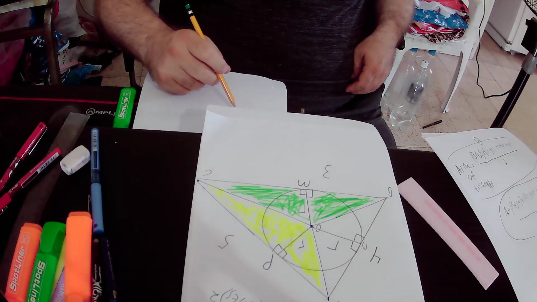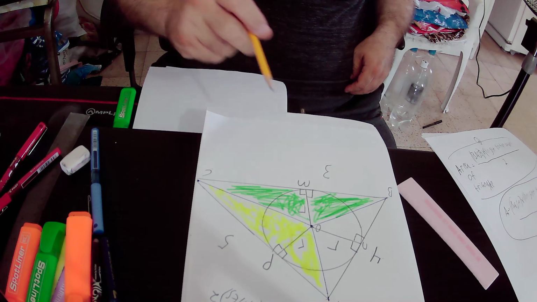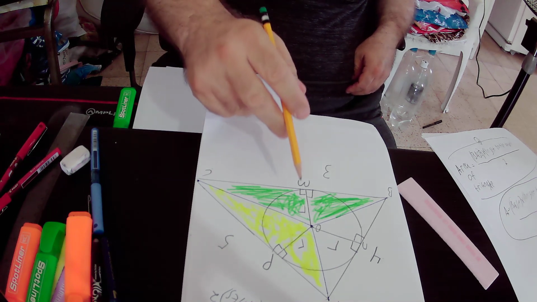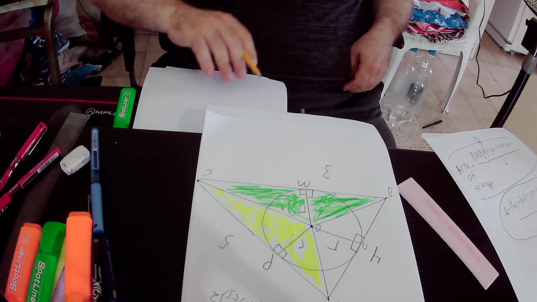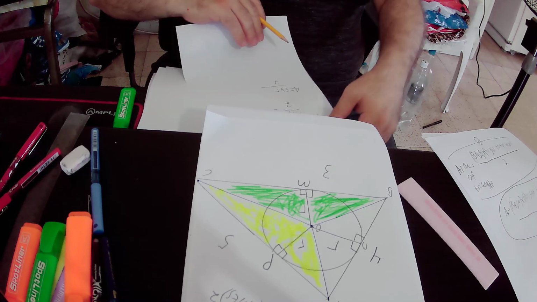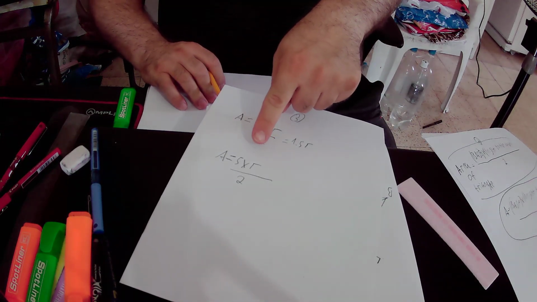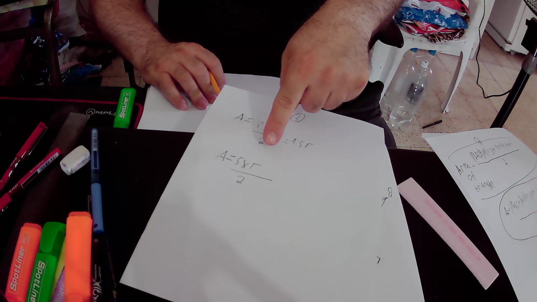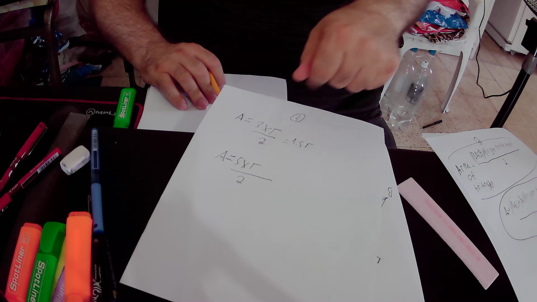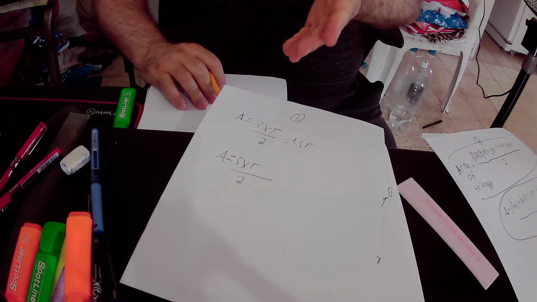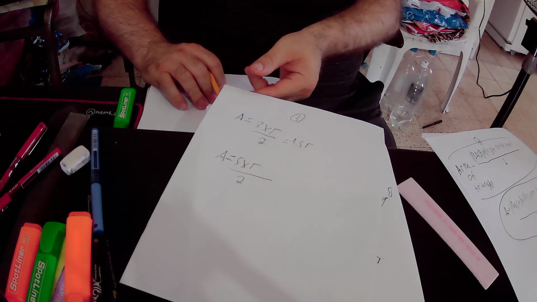So the area of the yellow triangle equals the base, that is 5, times the height, that is the radius, divided by 2. Okay? The area of the yellow triangle equals the base of the triangle, that is 5 units, times the height, that is the radius of the circle, all divided by 2. 5 over 2 equals 2.5.